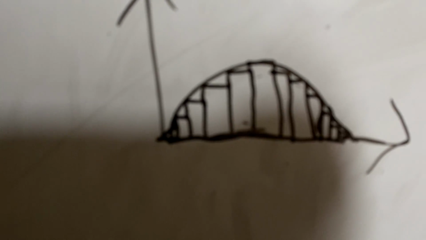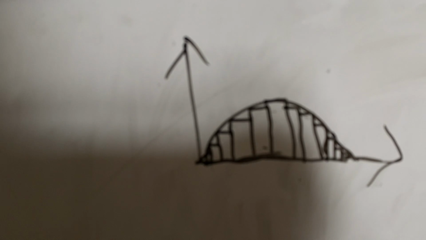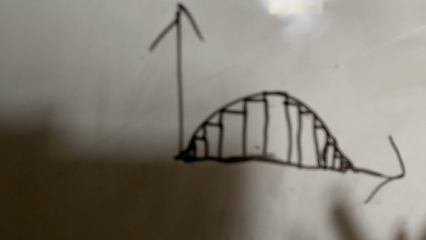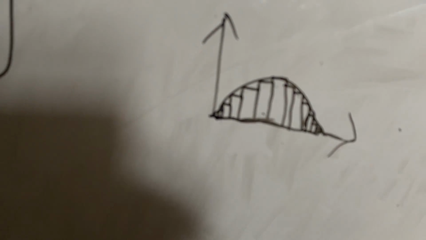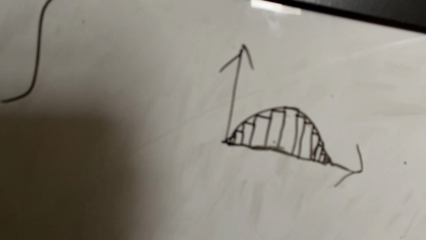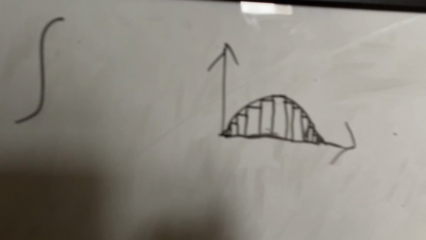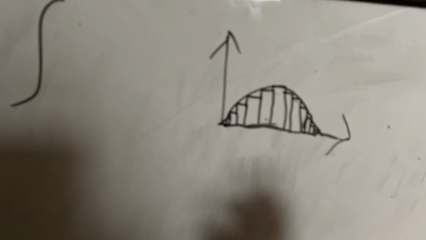So we have these rectangles, and if we take the area of those rectangles and add all of them up, the thinner the rectangles are, the closer and closer we get to our actual value.